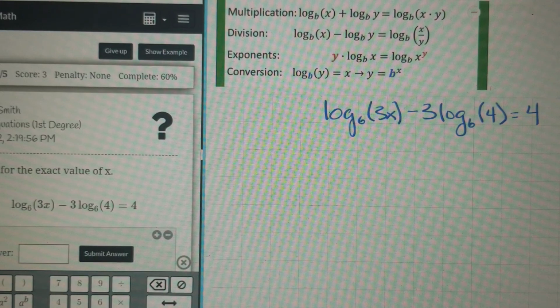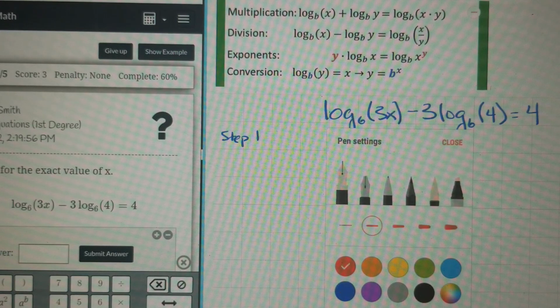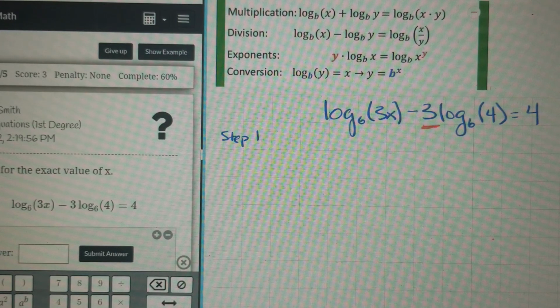Well, we can't find x when x is in the log side. So we have to convert this, but first we have to simplify it. Step one, I noticed that we have an exponent right here. So our first step is to take care of that. To take care of that, we are just going to move that on the inside of this parentheses right there.